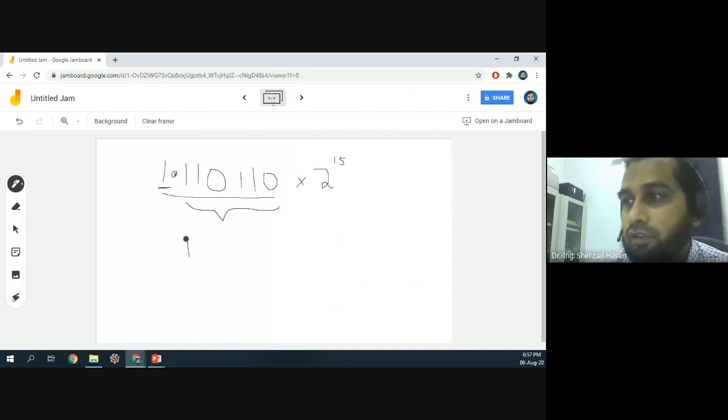So you just need to store 110110, and you just forget about this one, because whenever you want to do any arithmetic, you take this number, bring back that one, and then you have your whole number again. So whenever you do arithmetic, you bring back that hidden one.